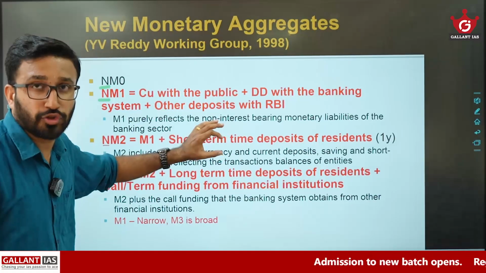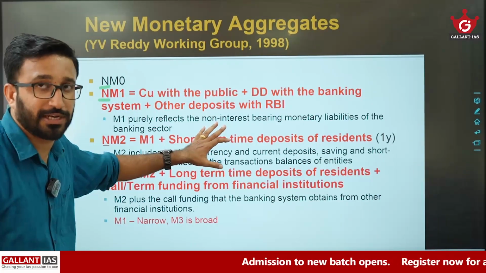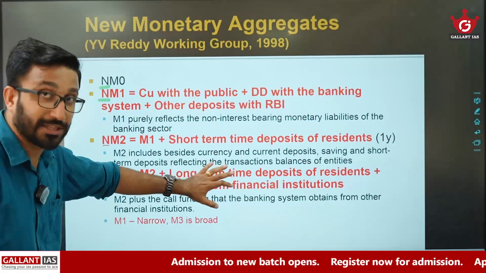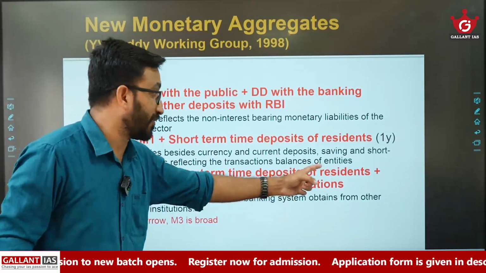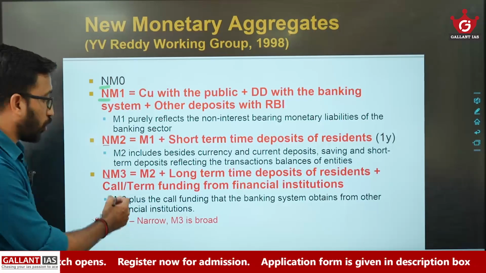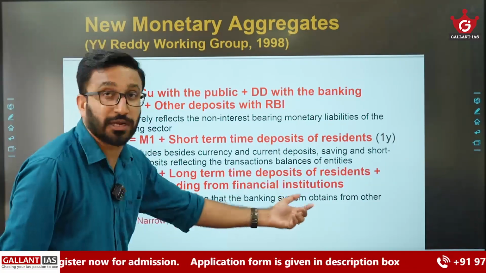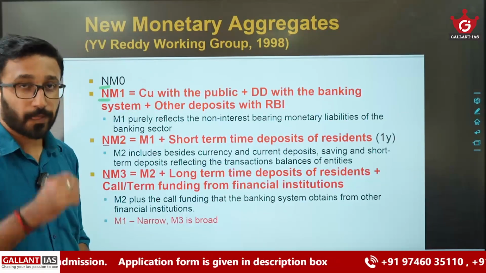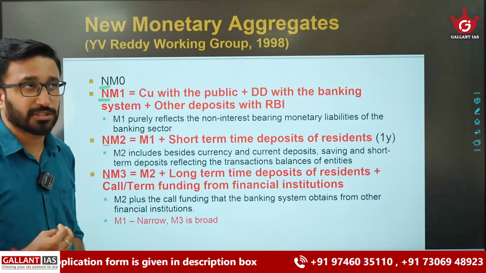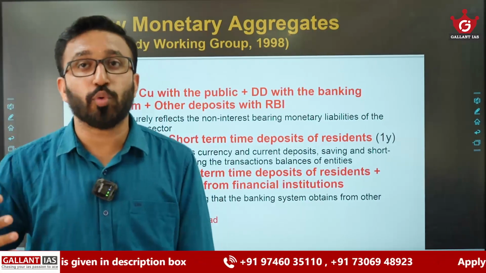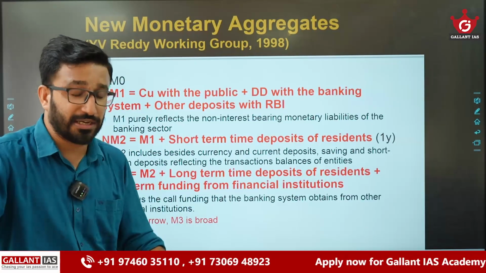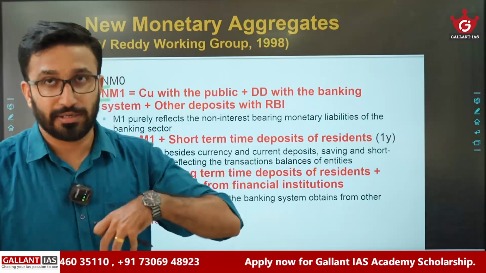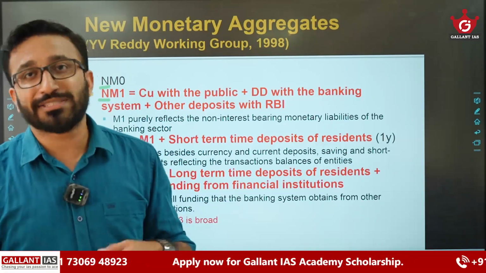In NM2 we have short-term time deposits of the residents, and when it comes to NM3 we have NM2 plus long-term time deposits of residents and call or term funding from financial institutions. Call or term funding from financial institutions means the ways through which they are getting money. These are one of the ways through which financial institutions get money for their business operations.